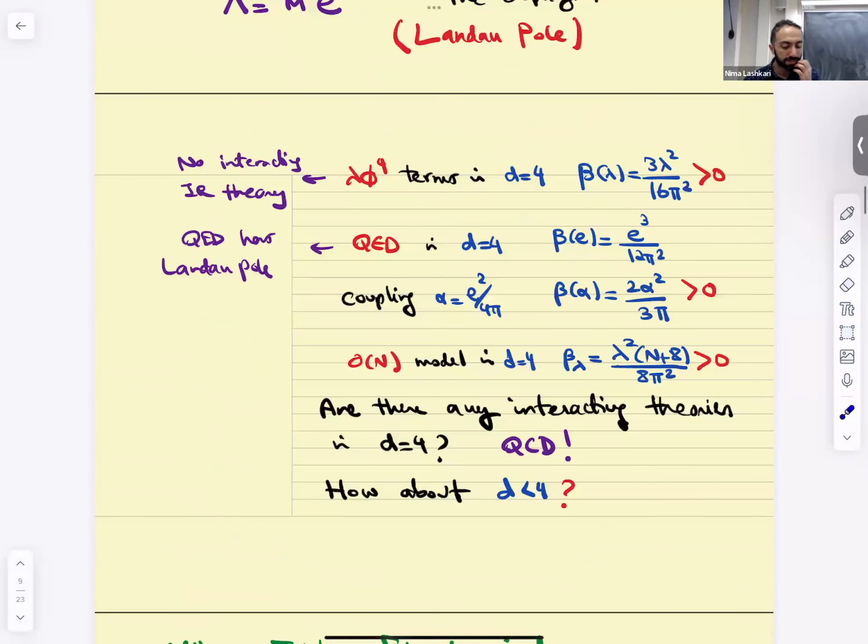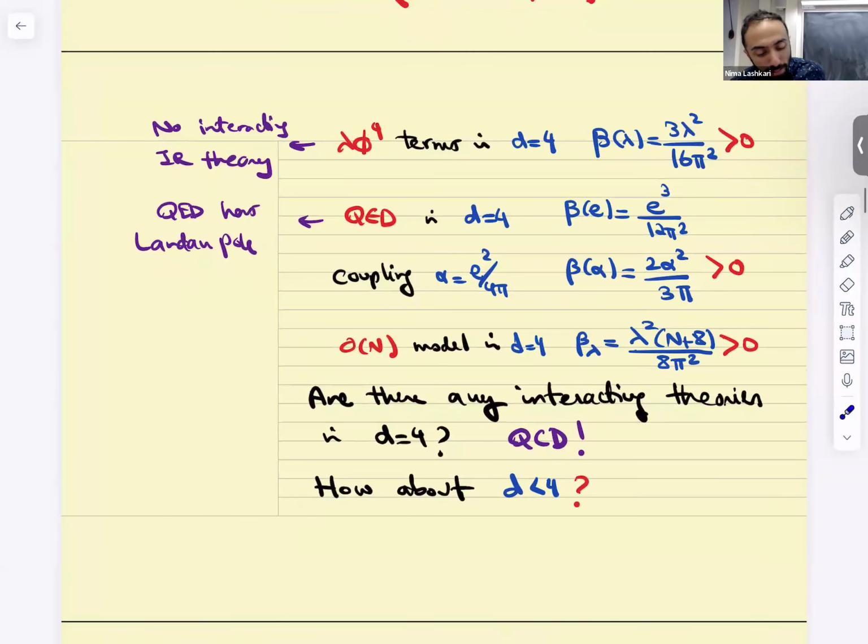All right, so let's put together everything we know about these examples of QFT we've worked out so far. Lambda phi 4 in d equal 4. No interacting IR theory. Here's the beta function. It's positive, irrelevant. QED in d equal 4. This is beta of e cubed over 12 pi squared. We calculated this.